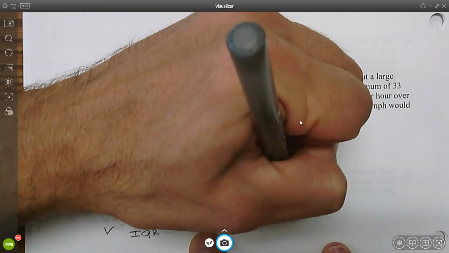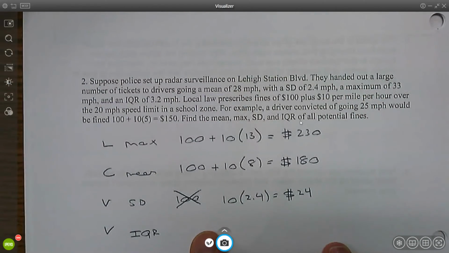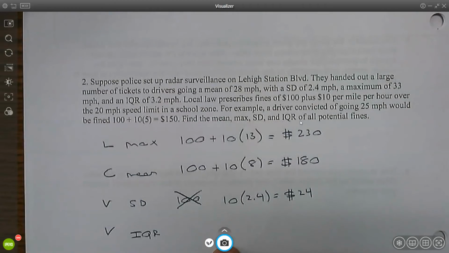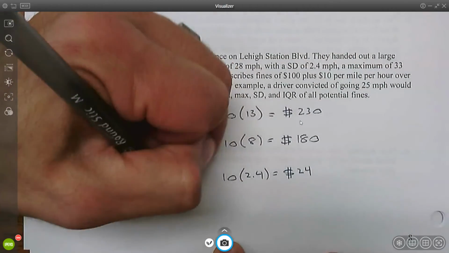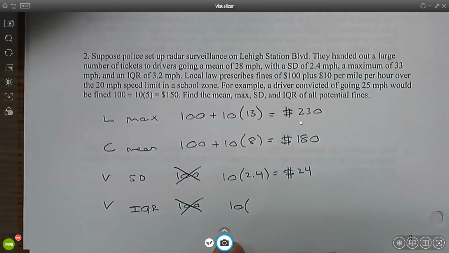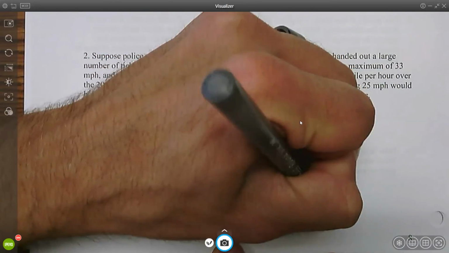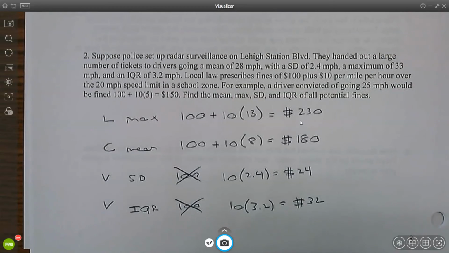So I'm just doing the rescale. And the standard deviation for the cost would be $24. And then for the IQR, same thing. The shift does not apply to measures of variability. The IQR was 3.2. The rescale does, so the IQR for the fines is $32.